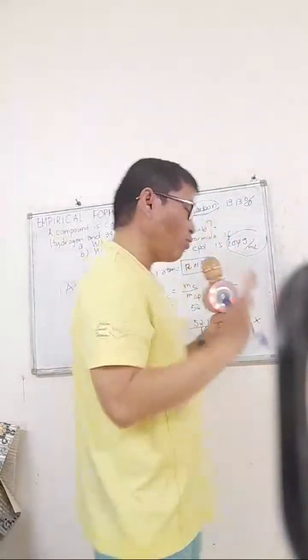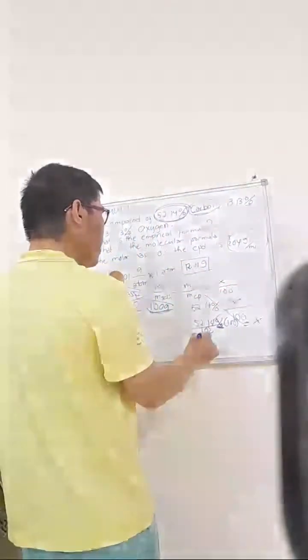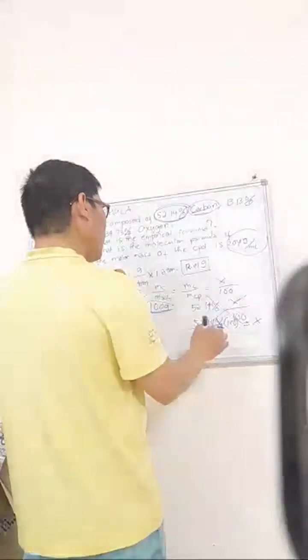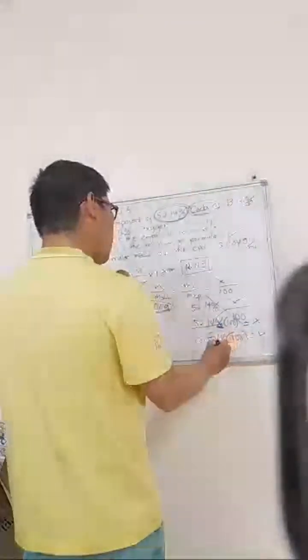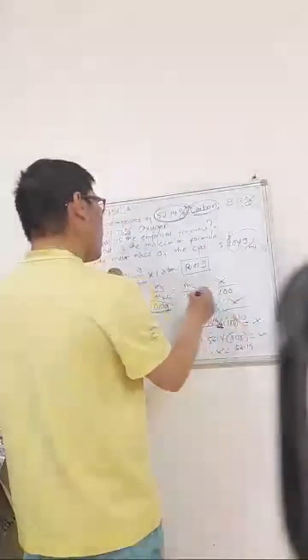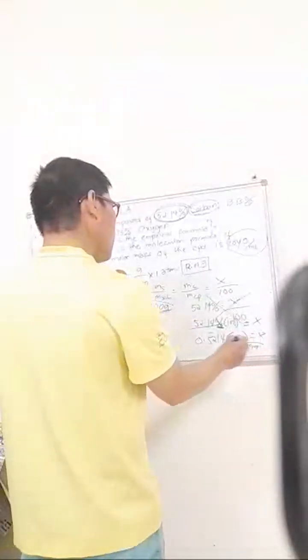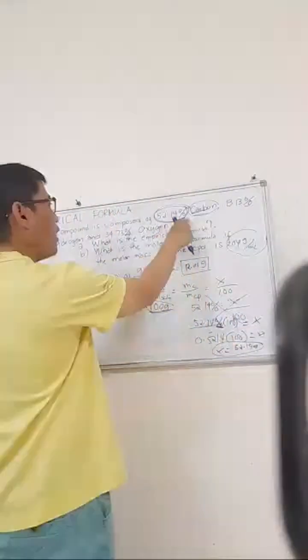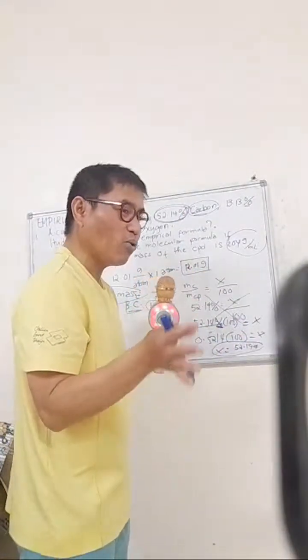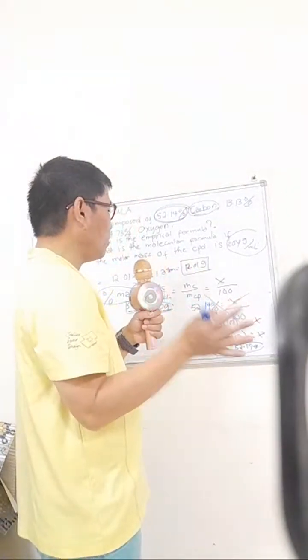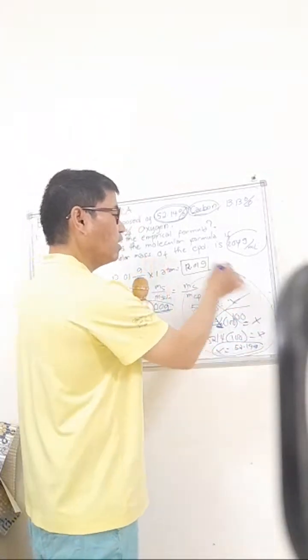So 0.5214 times 100 is equal to x. Therefore, x is equal to 52.14, and this is now grams. So you have now 52.14 grams of carbon. It doesn't mean you can automatically write 52.14 grams of carbon immediately without showing this explanation.